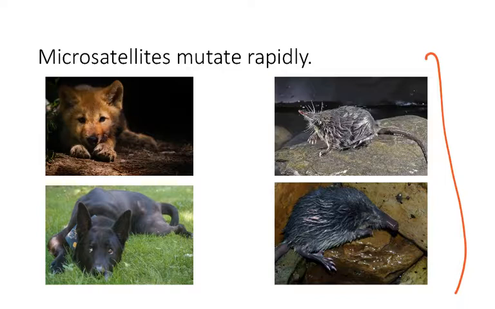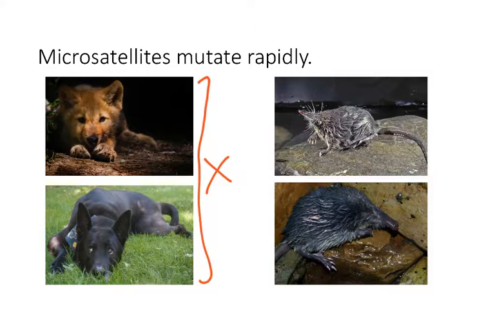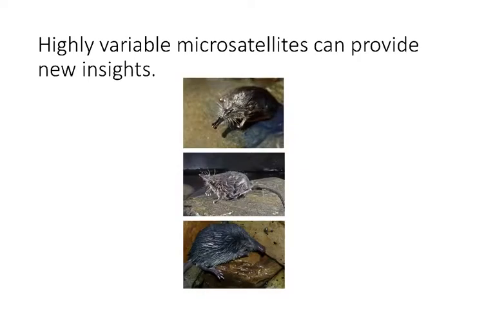So the overall point of this slide is that microsatellites are not good for these distant relationships, but they are good when you're looking at individuals of the same species. And to use those Pyrenean desmans again for an example, highly variable microsatellites can really provide some new insights for us.